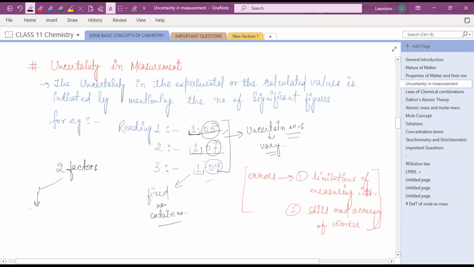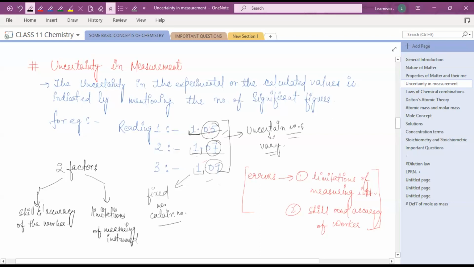First factor is the skill and accuracy of the worker, right? How the worker handles it, how they perform the experiment. Second factor is the limitations of the measuring instrument.